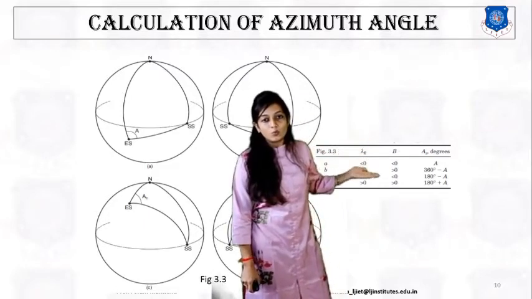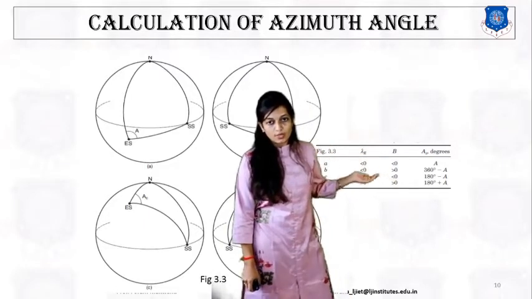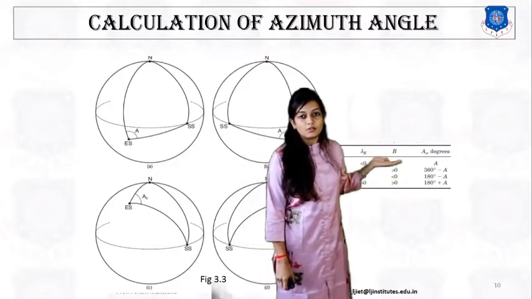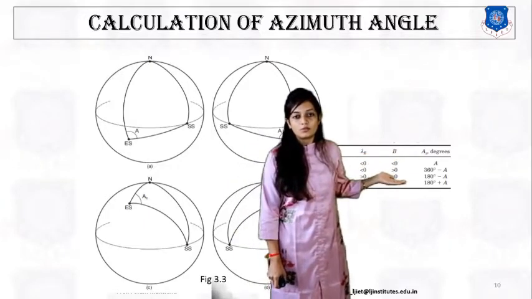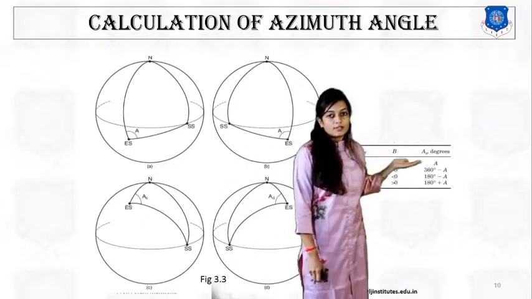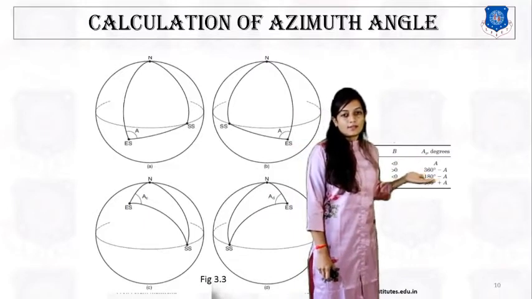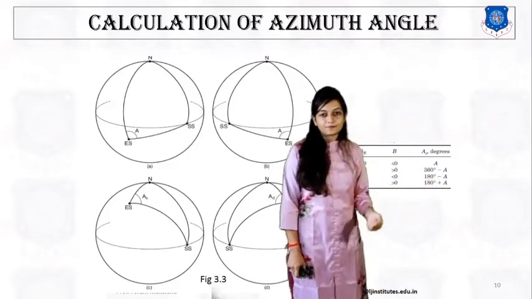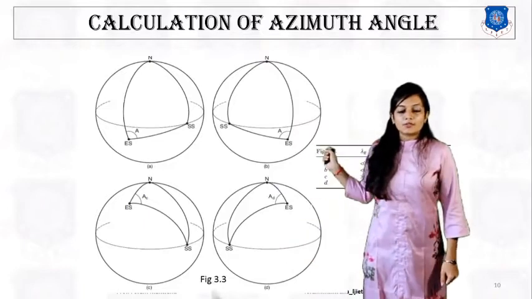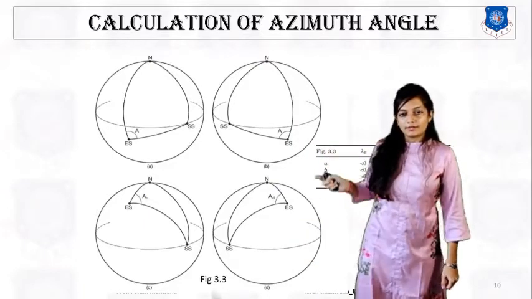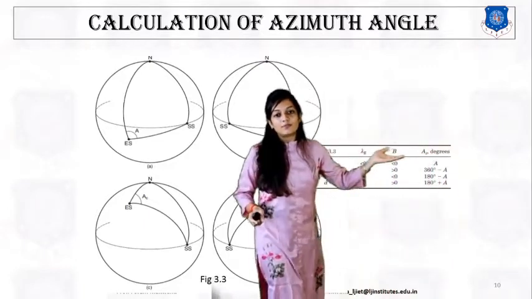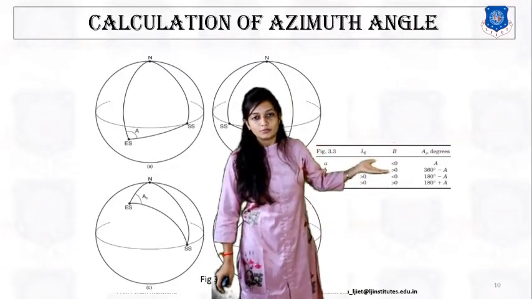So lambda e will be less than 0 and capital B, that is longitude, will be more than 0, right? So for that, the azimuth angle is 360 minus A, right? So B is for longitude, alright, and lambda E is for latitude, alright.